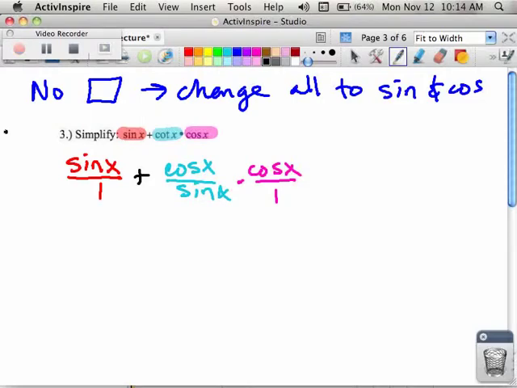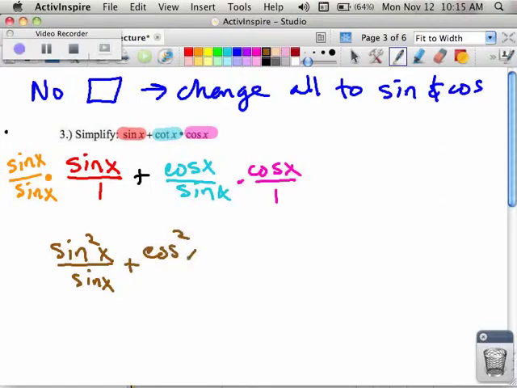To that end, I'm going to take the left-hand fraction and multiply it by sine over sine, so that now, on the left-hand side, I will see sine squared of x over sine x. On the right-hand side, I will see cosine squared of x all over the sine of x.